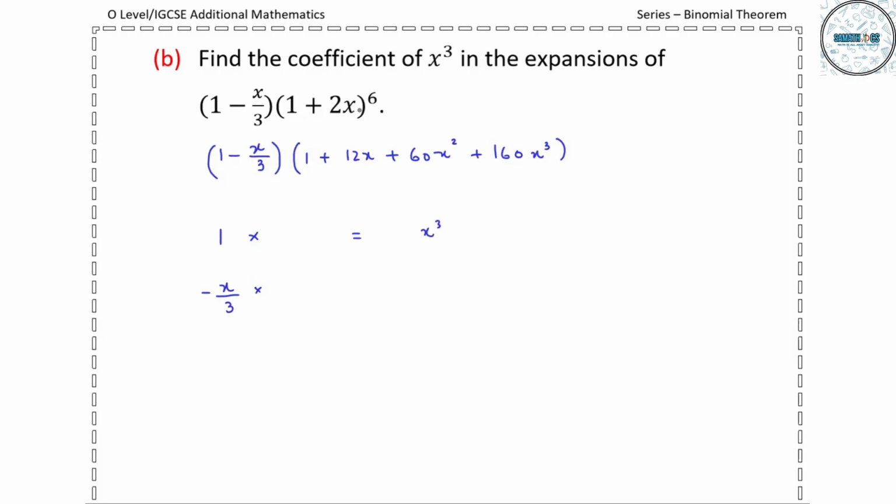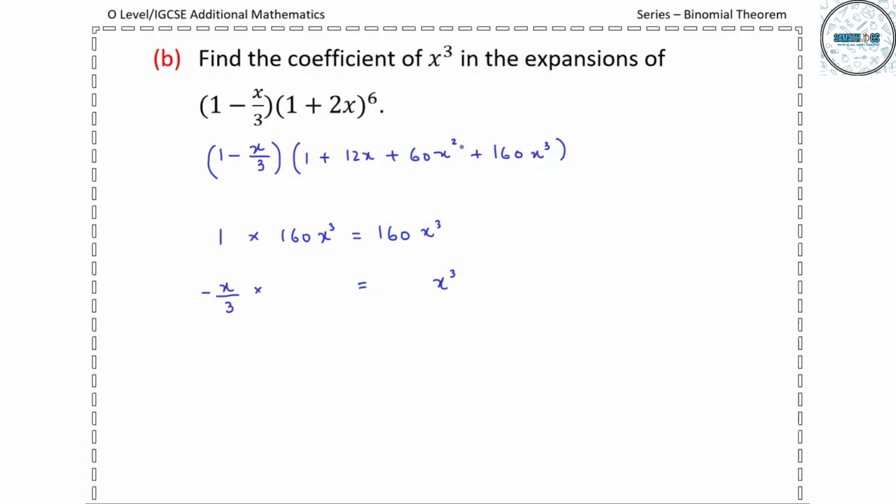So 1 is to be multiplied by 160x cube so that the result is 160x cube. In the same way, minus x upon 3 is to be multiplied by the term in this bracket which will give the result as x cube. So it is negative x upon 3.